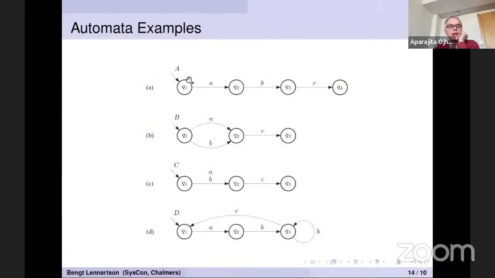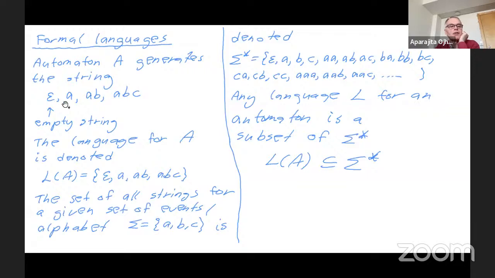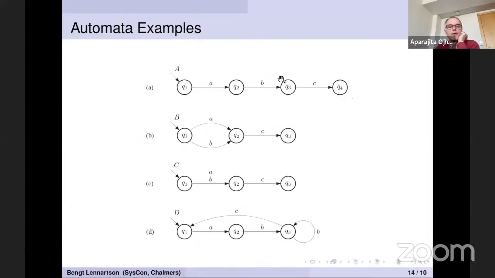That means that you're still in the initial state. And then the string A, and then AB, and finally ABC. And those are the only strings that can be generated by the first automaton here. Epsilon, A, AB, ABC.